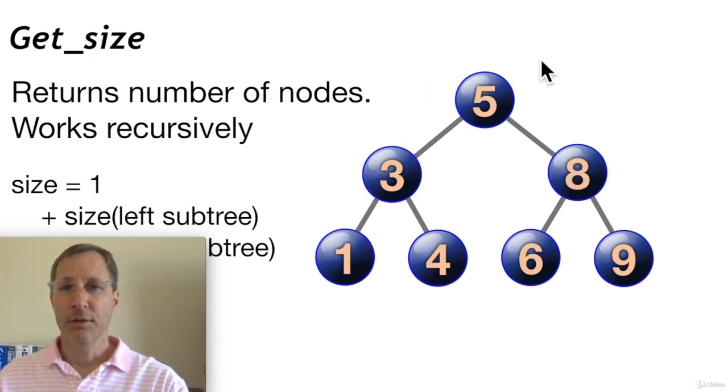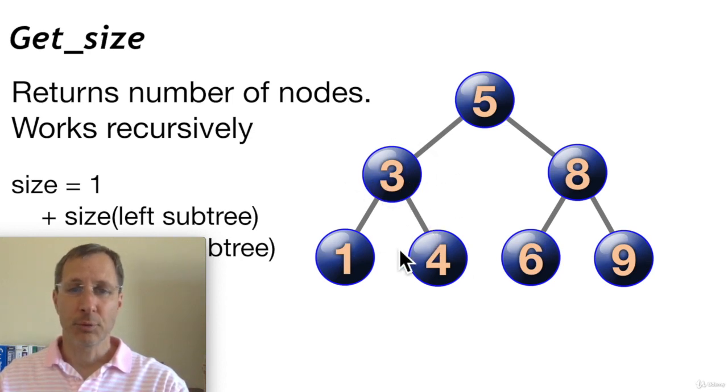In other words, the size of this tree is equal to, well, the 5 node is 1 plus the left subtree, which is the subtree starting with 3, and then the right subtree is the subtree starting with 8. So we say the size of this tree is 1 plus the size of these two subtrees. And then we'd call the same getSize function on 3's left and right subtrees.